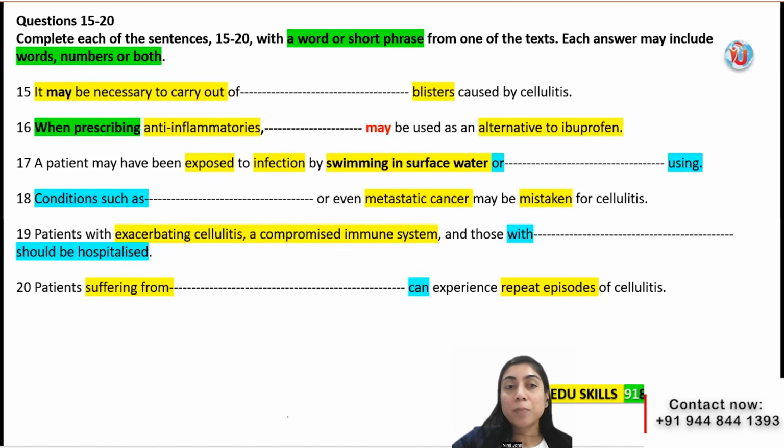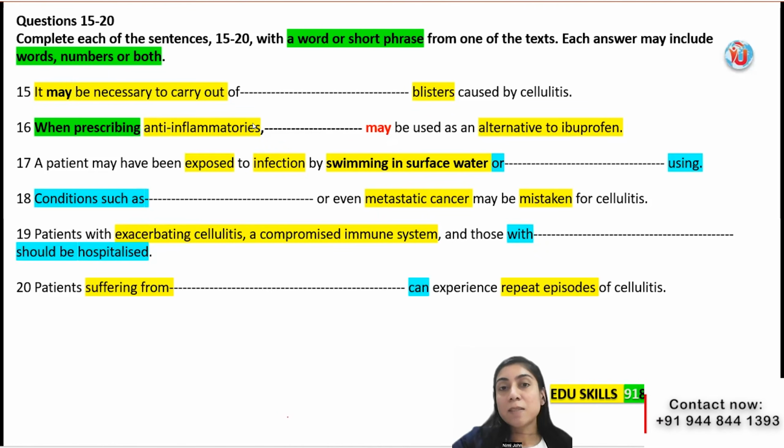Then 18, conditions such as dash or even metastatic cancer may be mistaken for cellulitis. 19, patients with exacerbating cellulitis, a compromised immune system, and those with something that should be hospitalized. And 20, patients suffering from dash can experience repeated episodes of cellulitis.